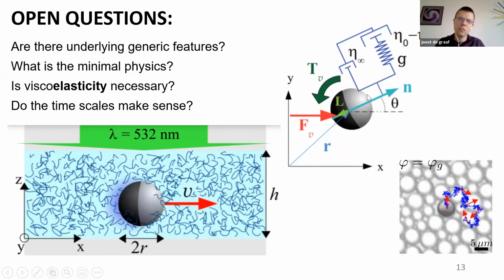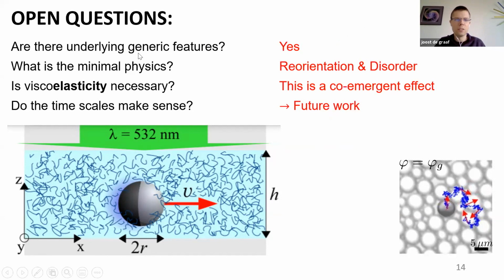As in, do the timescales related to this dissipation and this elasticity actually make sense, or is there some fudging going on there? There are obviously some underlying generic features. I would say that viscoelasticity is not so much necessary. I would go for a reorientation and disorder model. Viscoelasticity is a co-emergent effect in the experimental systems. And do the timescales make sense? Future work and possibly the final wrap-up bit of this presentation.